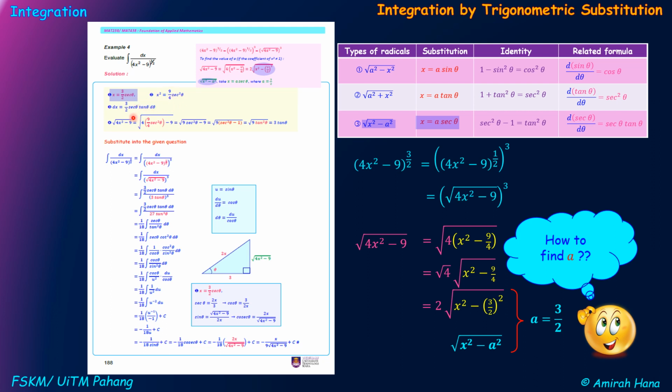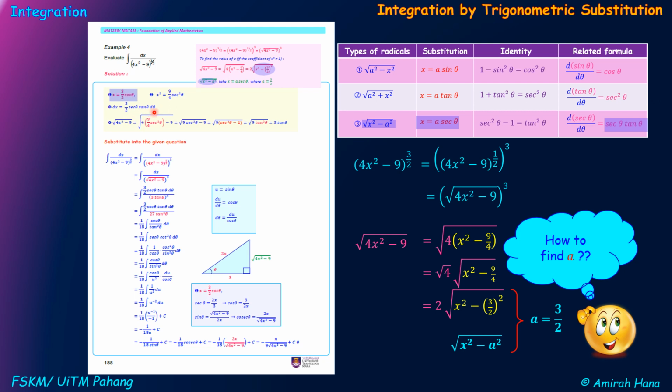Then we need to differentiate. Differentiate x with respect to theta, so we get dx over d theta equals, differentiating 3 over 2 sec theta, we have 3 over 2, and then the derivative of sec theta from this formula equals sec theta tangent theta.